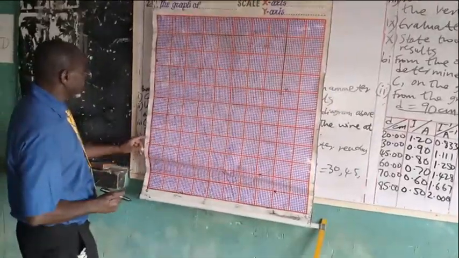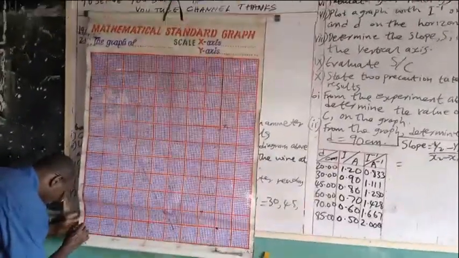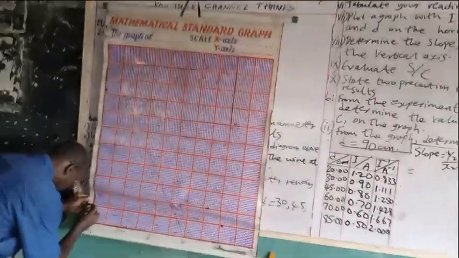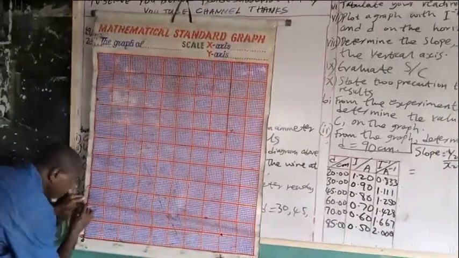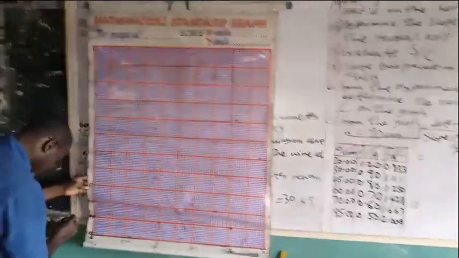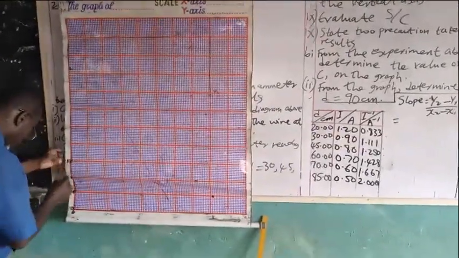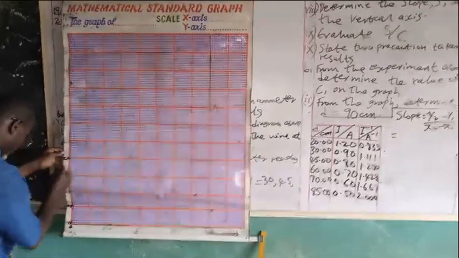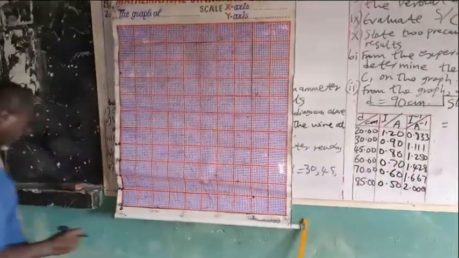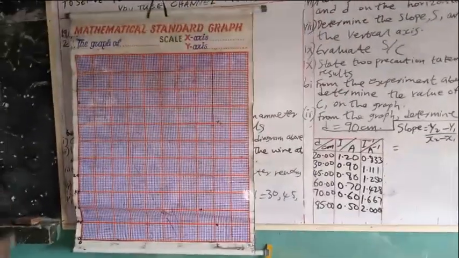That will give us 0, 0.5, 1.0, 1.5, 2.0.